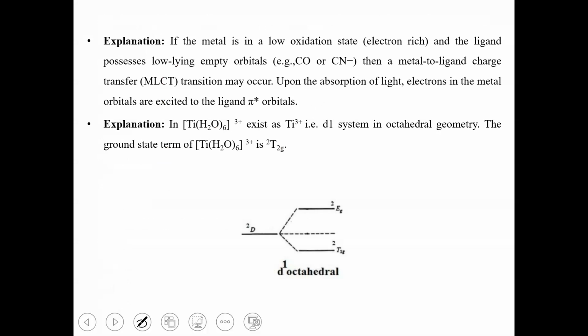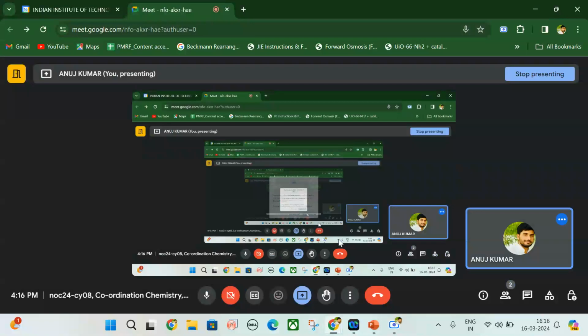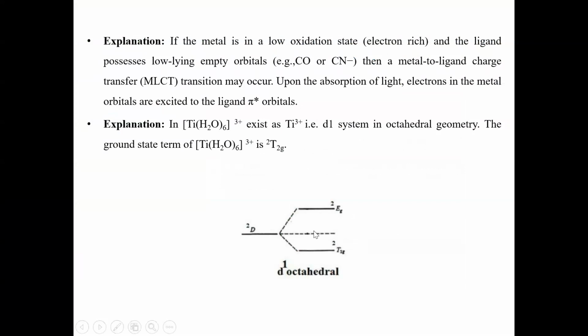So you have to just identify the sigma donor pi acceptor ligand, and on this basis you can say a metal to ligand charge transfer exists. Upon the absorption of light, electrons in metal orbitals are excited to ligand antibonding orbitals. That is basically matching the level. Their energies are comparable, so electron transfer is more favorable.